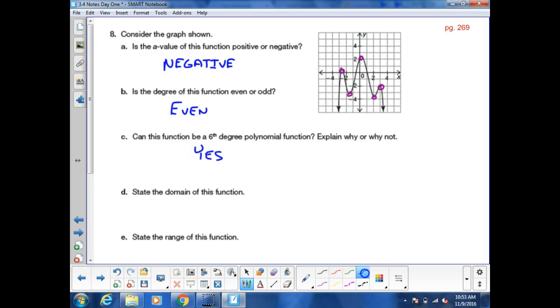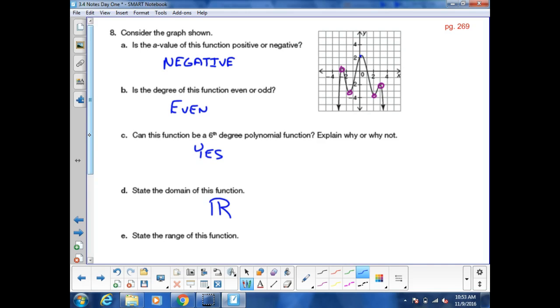Domain of this 6th degree at least polynomial function. All real numbers. Range of this one. It's restricted, so what's it restricted to? Let me erase this part here. Looks to be a little bit more than 2, right? So what's a little bit more than 2? 2 1/3 again?